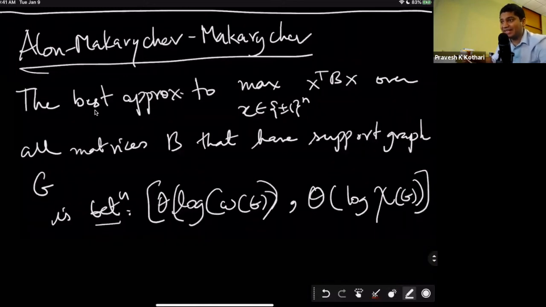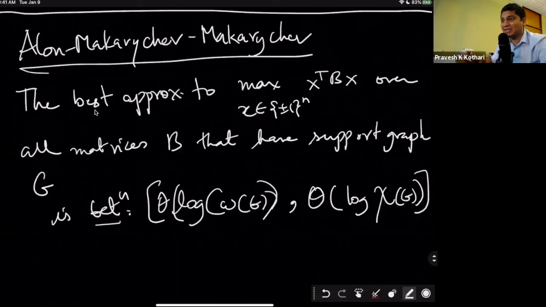But in general, if you take a graph which has a non-trivially smaller chromatic number, then this result of Alon and Naor tells you that you can get a better approximation. In particular, the approximation that you can get is certainly log of the chromatic number of the support graph. They also prove a lower bound, related to a parameter of the graph that is at least something you would have to lose when you try to approximate.